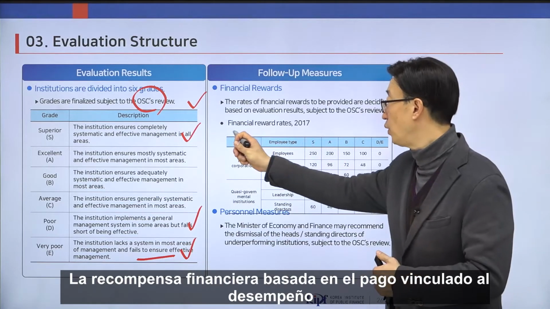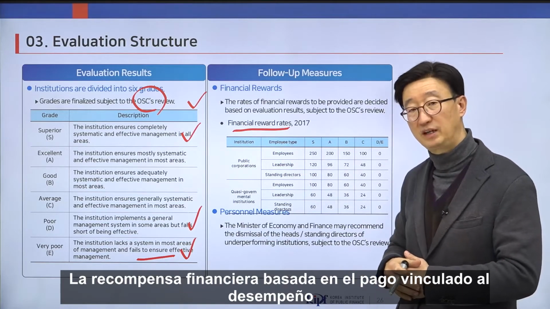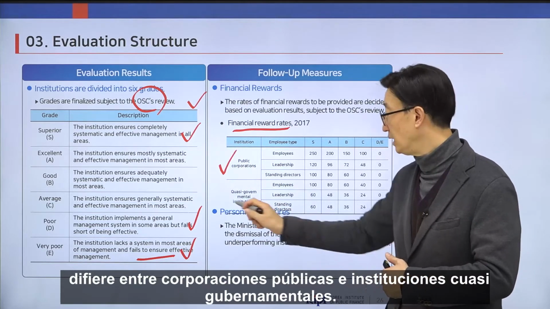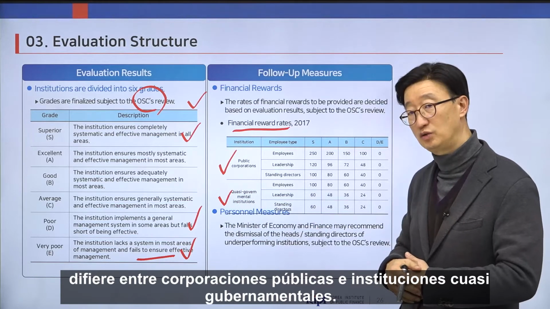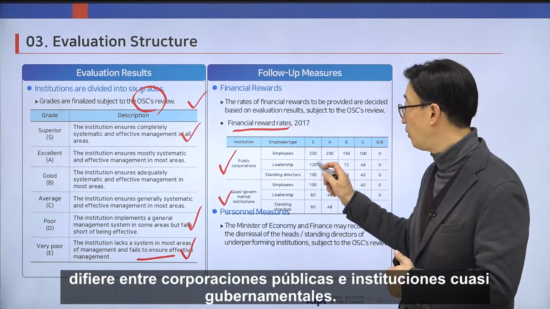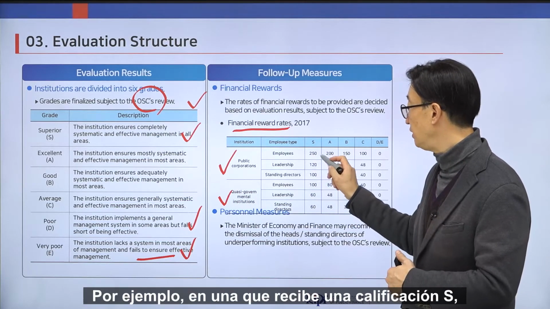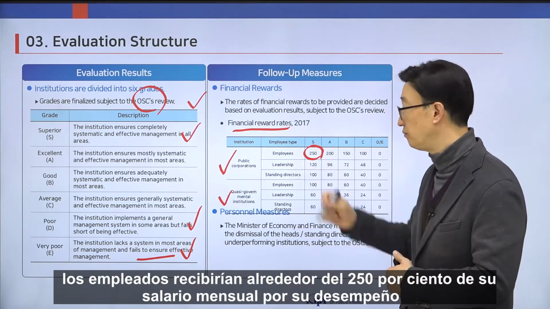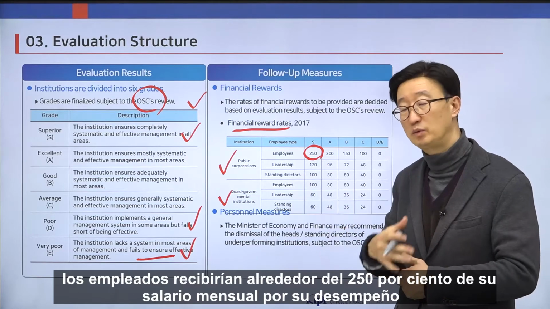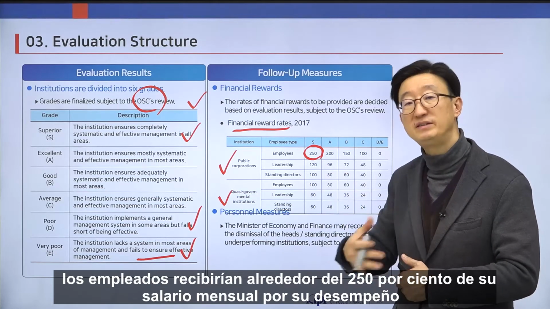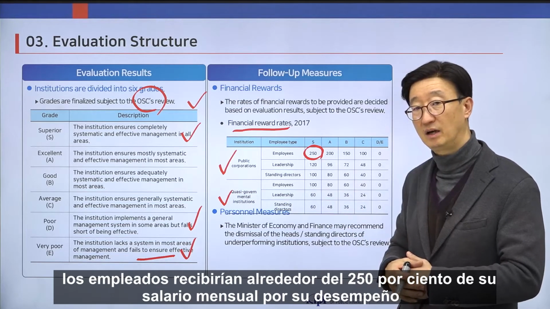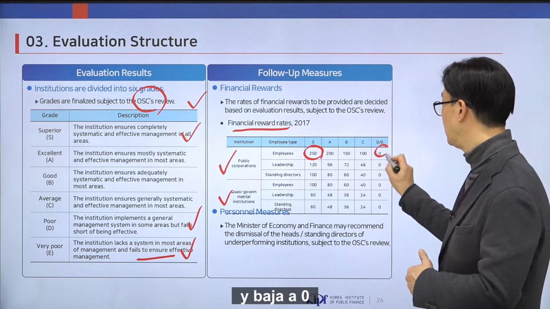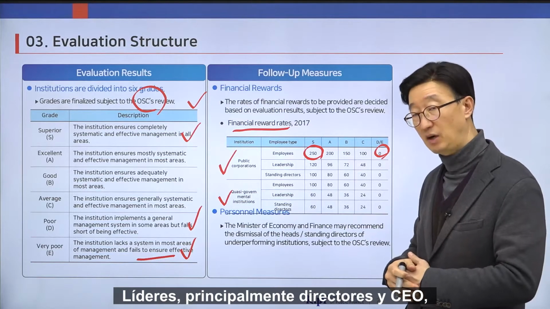Financial rewards based on performance-linked pay differ between public corporations and quasi-governmental institutions. For instance, for those that receive an S grade, employees would receive about 250% of their monthly salary for their performance, and it goes down to 0.